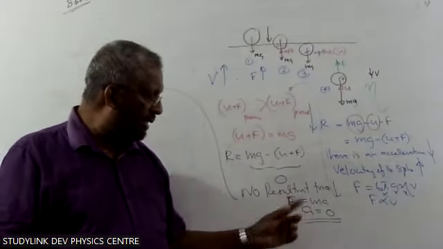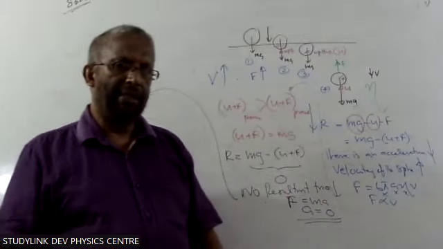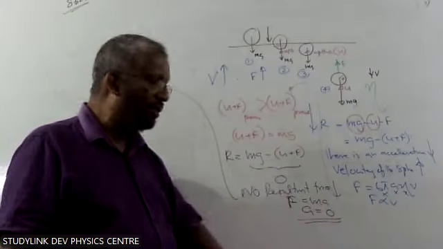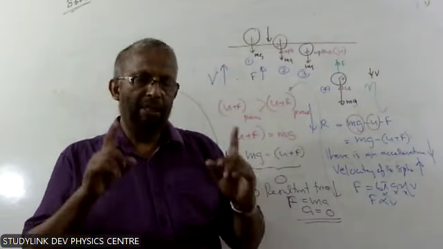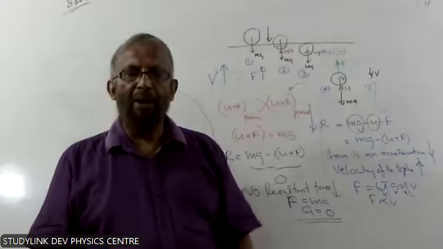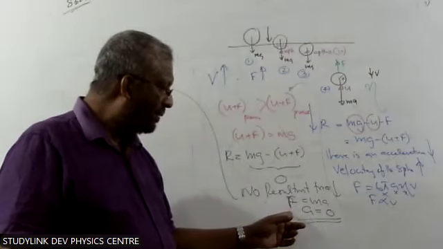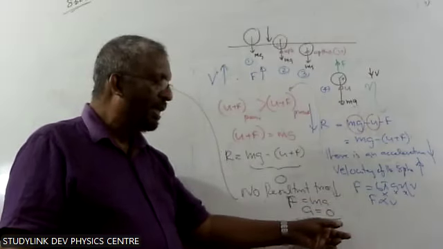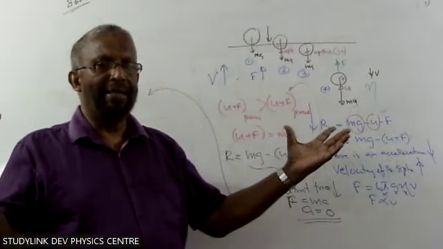After this instant, that means either U plus F is equal to mg or acceleration is 0, there is no increase in the velocity of the sphere. Now the sphere has come to the maximum velocity. After that, no increase in the velocity.